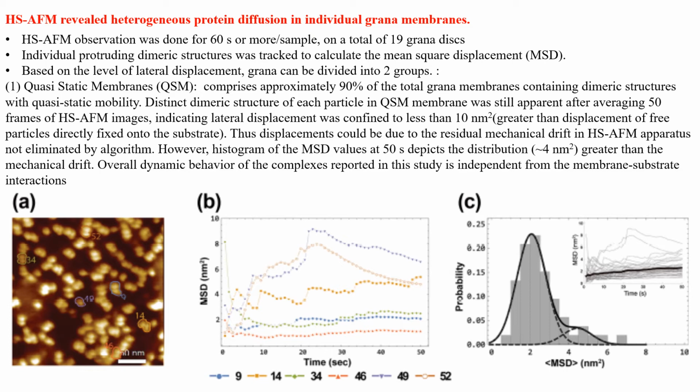However, this histogram of the MSD values at 50 seconds shows that the distribution of these particles mainly stays around a 4 nanometer squared region, if you look at the probability graph on the right-hand side of the slide, and that is greater than what would be assumed for the mechanical drift.